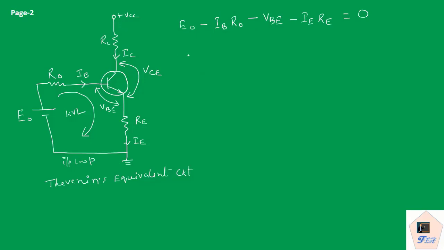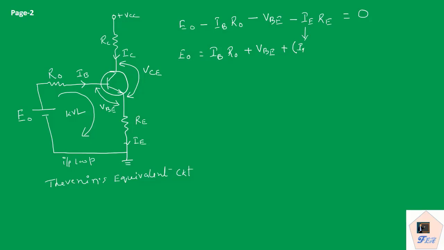Rearranging, we can write E naught equal to IB into R naught plus VBE plus IE into RE.